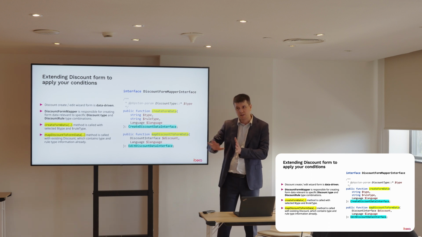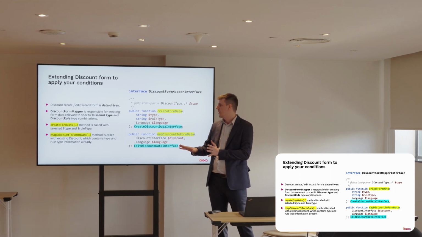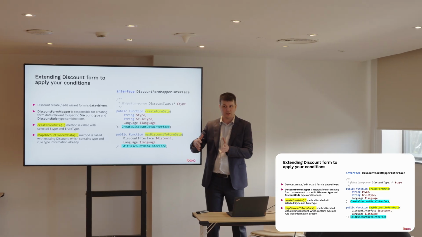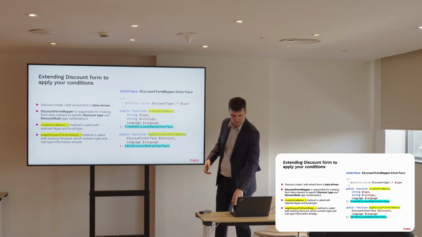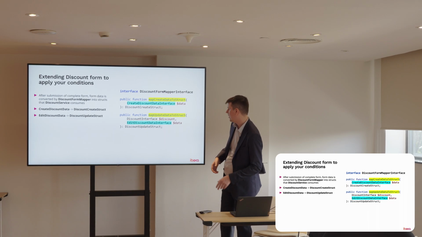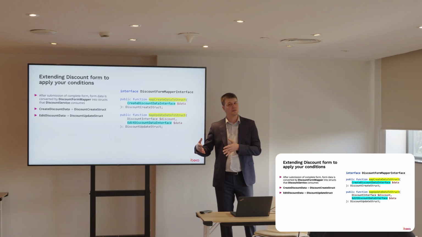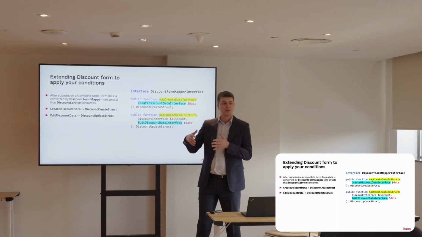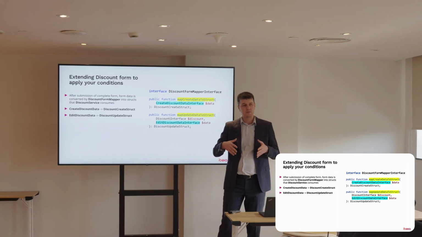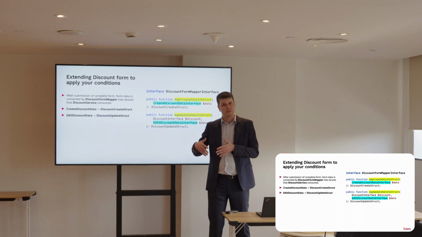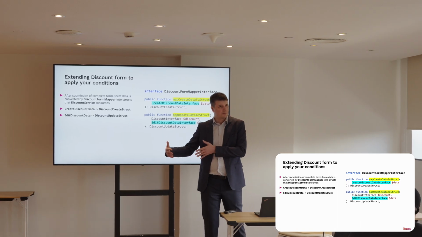This nicely separates the forms from the data. And the other 2 methods are for when the form is submitted: the same form mapper is responsible for converting the form data into structures that the discount service understands, right?